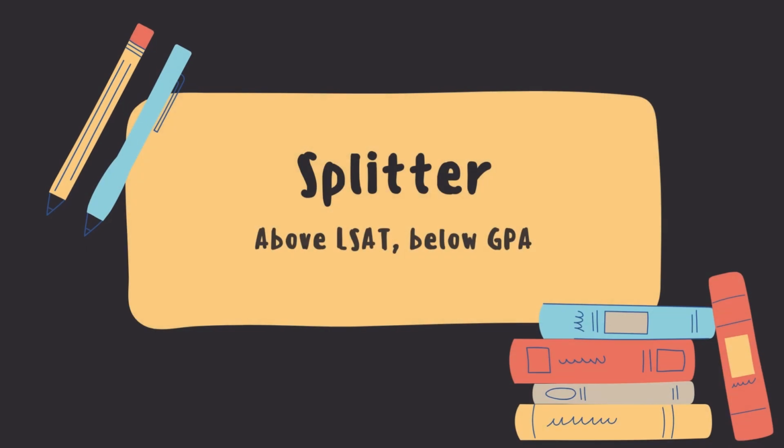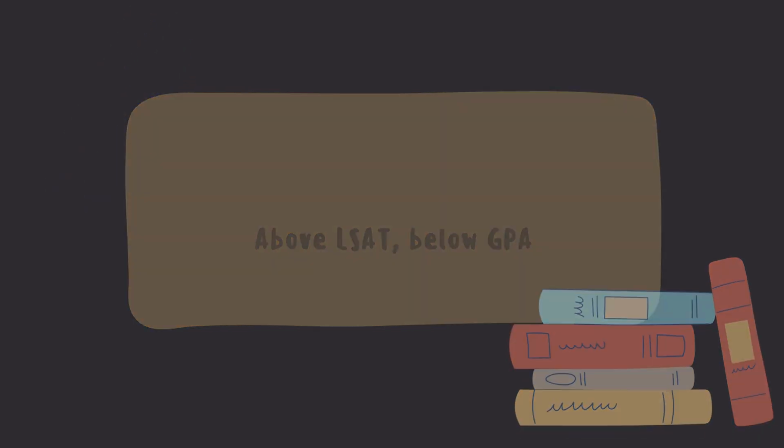Next up is the word splitter, which means that you are above a school's LSAT median and below that school's GPA median. This term is used a lot online as well because students are looking up those medians for the schools that they're applying to.